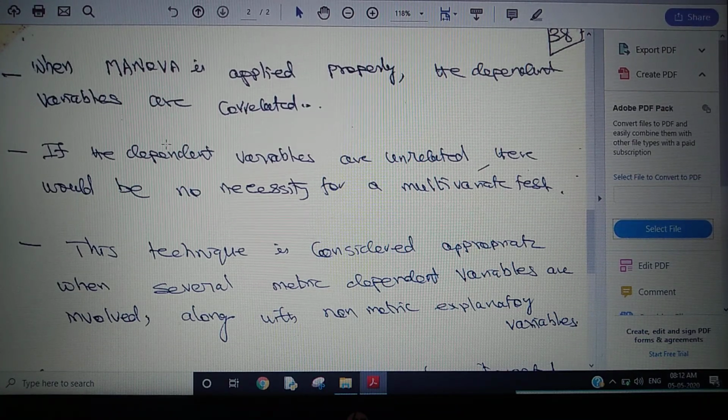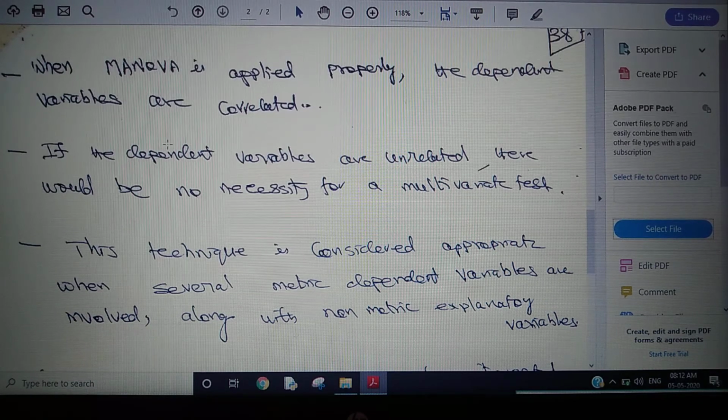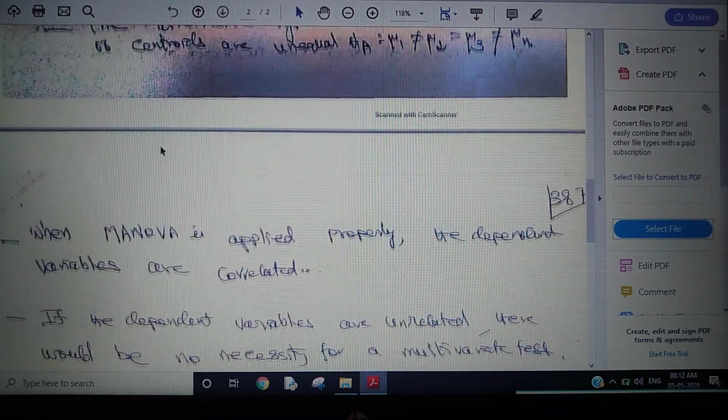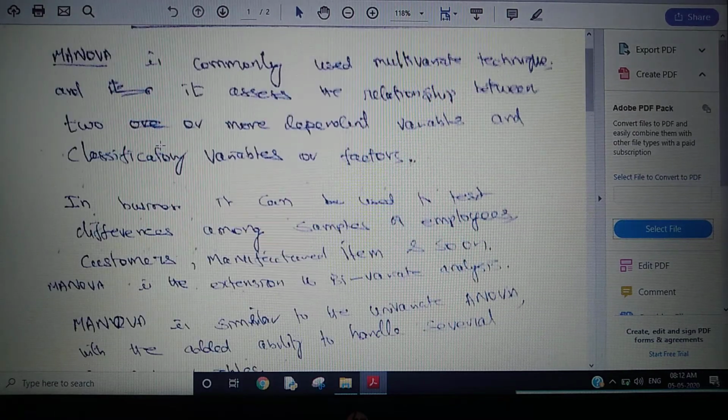One influences the other. Then we can't do this with a regression analysis, even with a multiple regression. Regression is only for one dependent variable. MANOVA or other multivariate techniques are meant for more than one dependent variable.